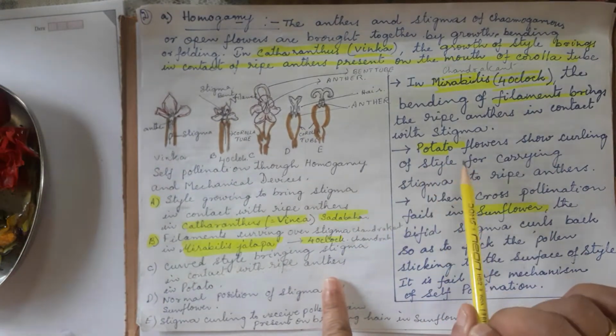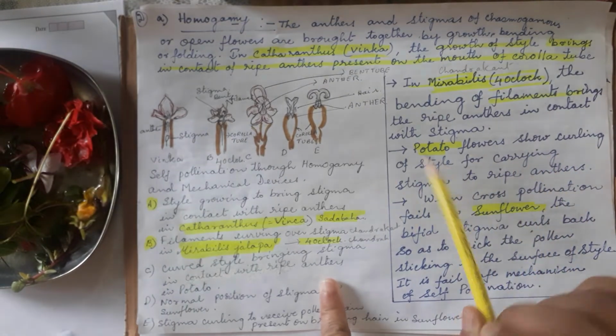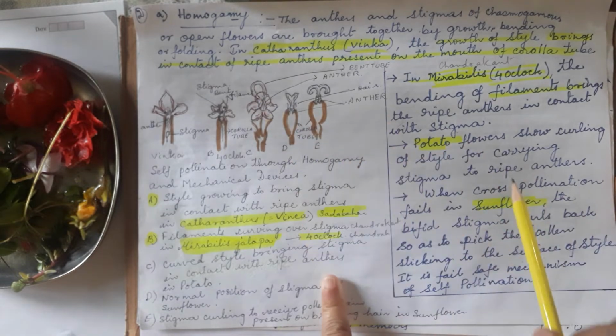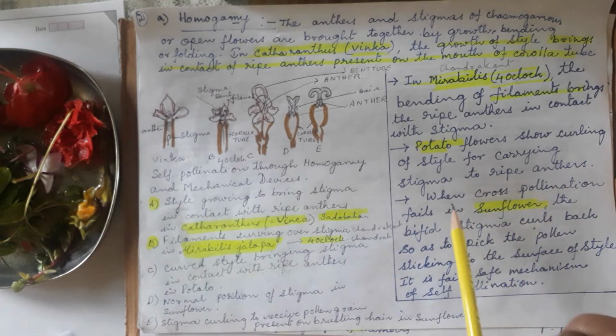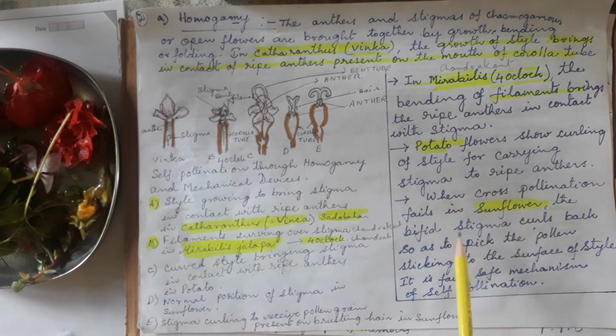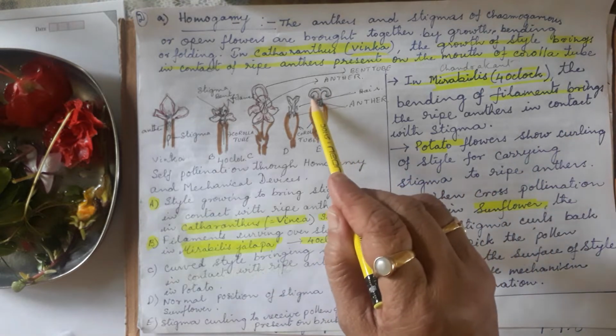Next, third, potato flowers show curling of the style for carrying the stigma to ripe anthers. Okay, in sunflower, when cross pollination fails, that means no agent came and no pollination has taken place, then the flower changes itself. The bifid stigma, bifid means divided like this.